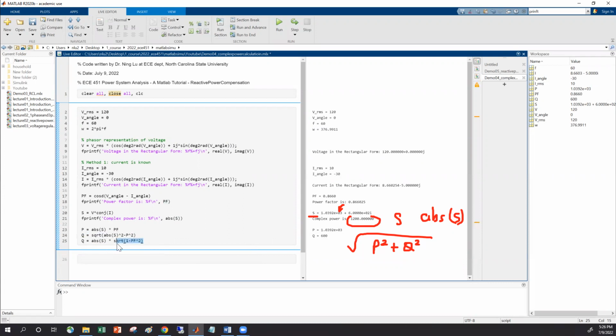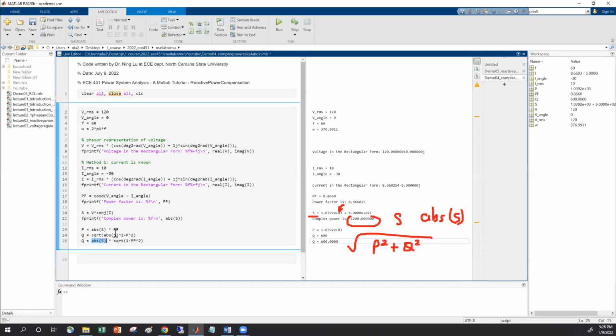I can also do this, because the power factor is 0.866, so 1 minus the square of the power factor, and take the square root. That would be the sine part of this angle, and then you multiply by the magnitude of the complex power. You can also get Q. Let's run it. You can see that it also gives me the value of Q.